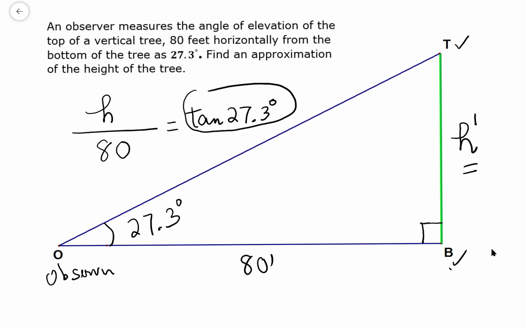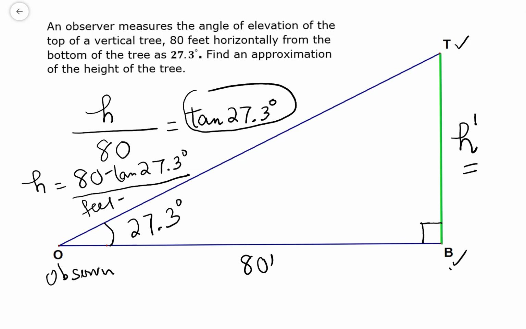Or right here we can observe that if we multiply the equation both sides by 80, then h becomes 80 times tangent of 27.3 degrees.